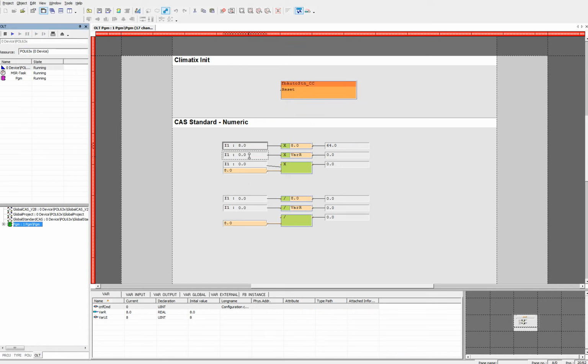8 multiplied by 8 is 64. Yes. And 64 divided by 8 is 8.